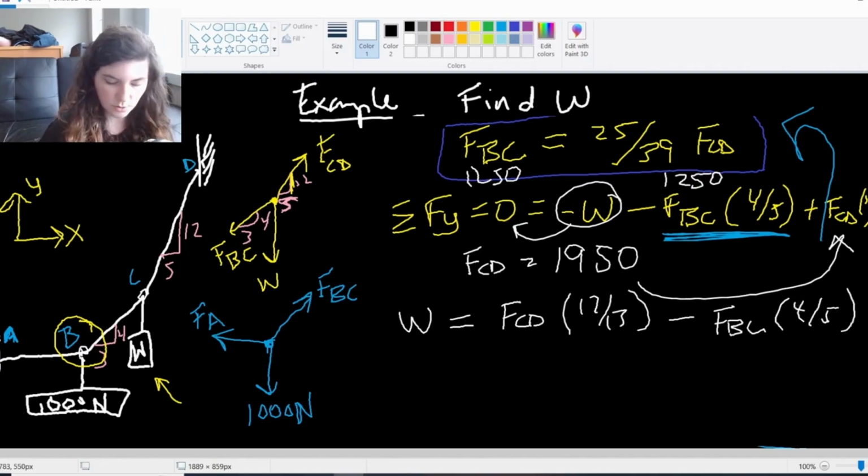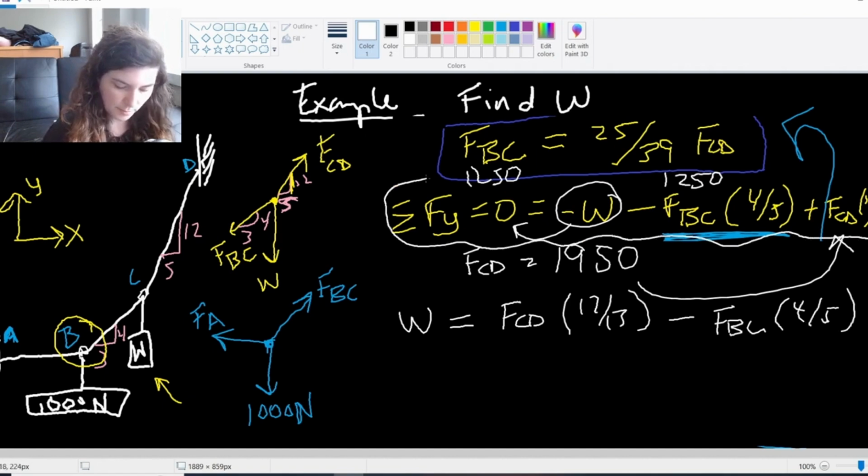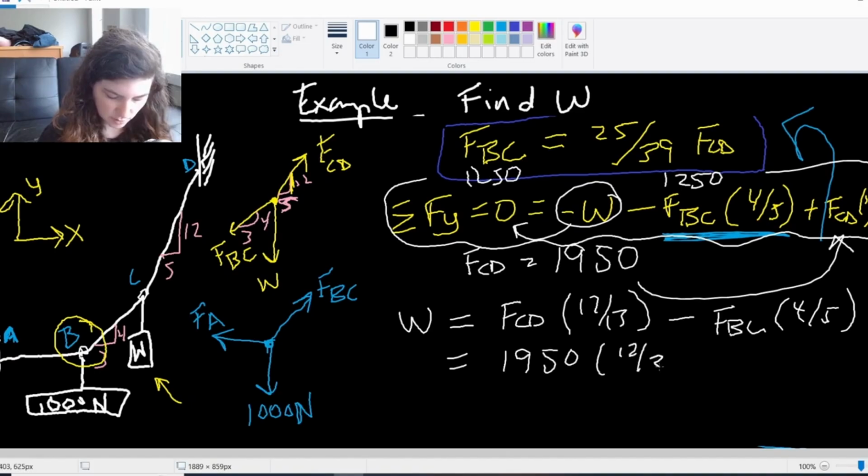All I did was rearrange this equation here just into something that is a little easier for me to work with. And now I'm going to plug in the values that I know. FCD we said was 1950 times 12/13. And FBC we said was 1250 times 4/5.